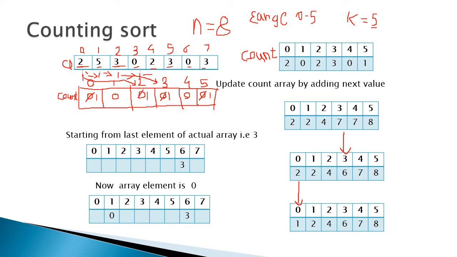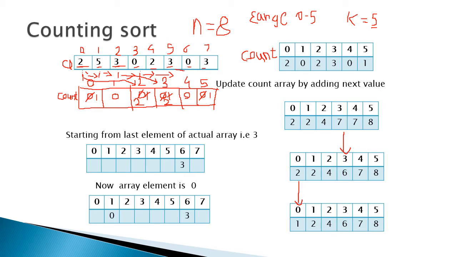Then i plus plus, the value is 0. Then go to index 0, 1. Then i plus plus, now i is on the 4th index, the value is 2. Then go to index 2 and that number plus 1, that is 1 plus 1, 2. Then again i plus plus, 3, go to index 3 in the count array, and 1 plus 1, that is 2.